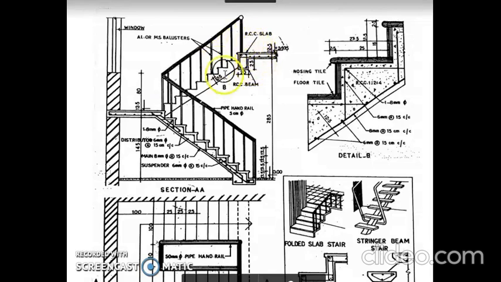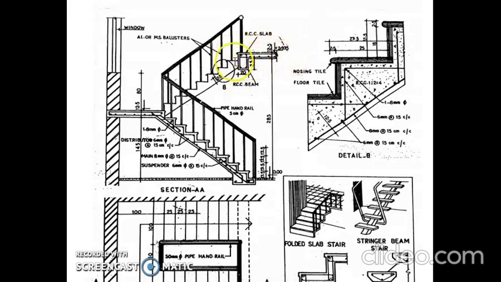Then the beam details. The reinforcement details should be provided at the beam section. And this beam dimension, we know. Provide a rectangular shape main bar, and at the four corners some main bars are placed, and this rectangle shows the distribution bars.